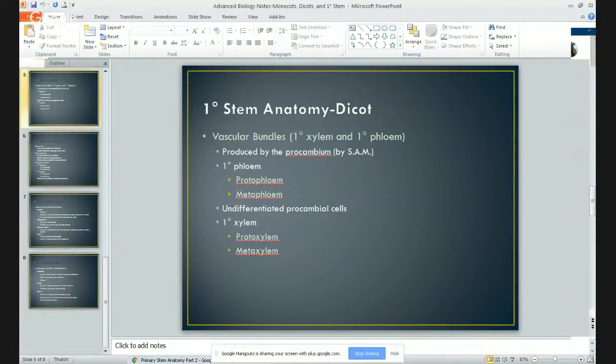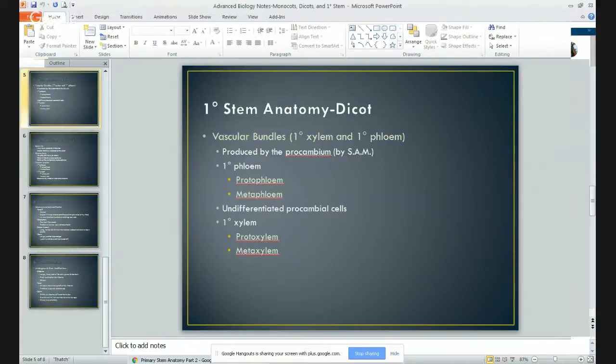Your vascular bundles are going to be your primary xylem and your primary phloem. The xylem is going to be on the inside part of the vascular bundle, and your phloem is going to be on the outer area. Don't forget, this is produced by your procambium, which was made by your shoot apical meristem.